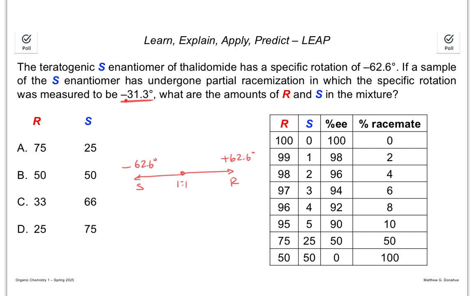The sign is the key thing to getting this right. See how it's negative? We know that S is negative because that number is still negative. Whatever we find, there has to be more S in the answer. So negative 31.3.